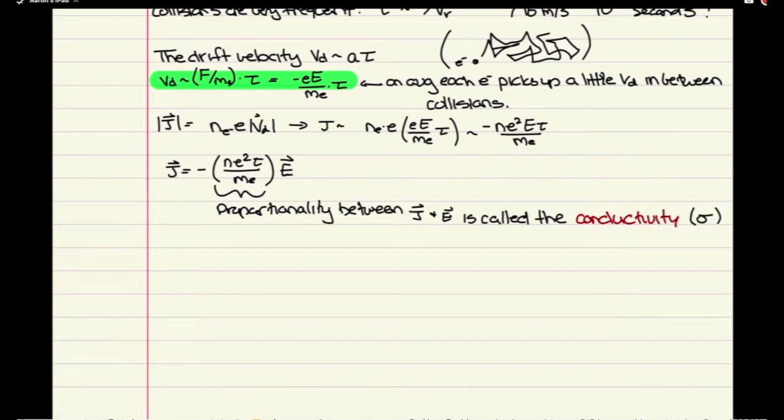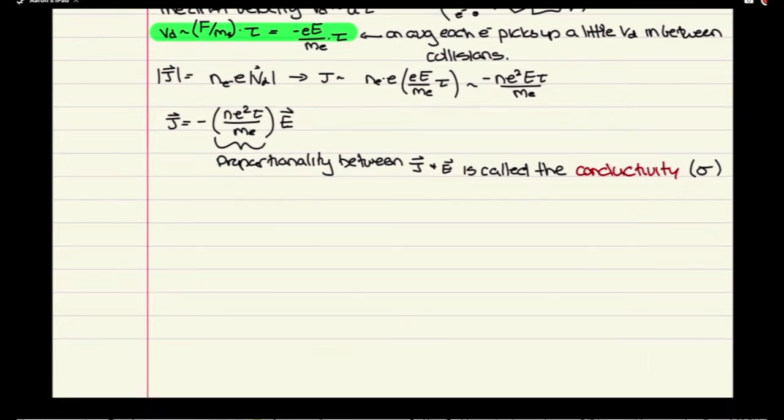And typically it is written as a lowercase sigma. So again, what that's saying is that J is some value multiplied by E. So this I will highlight.